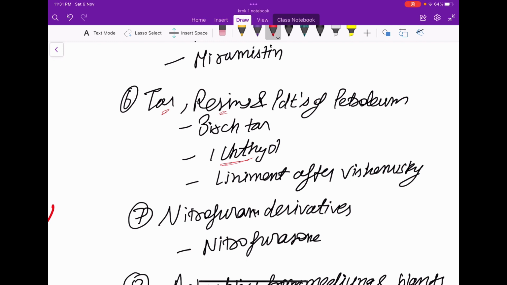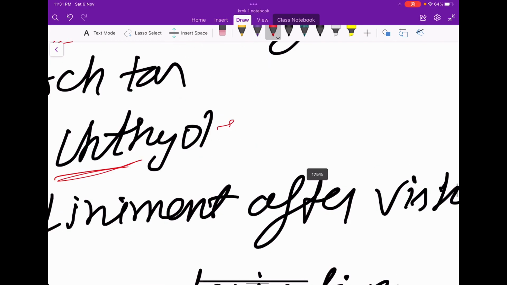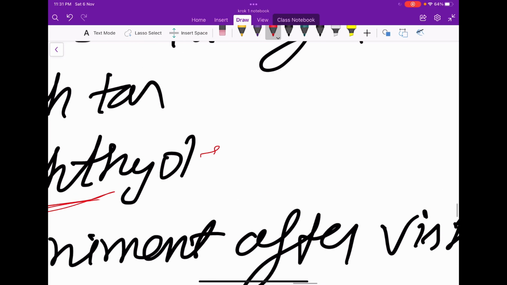It's basically used as an insecticide. Let's write it here: insecticide action. Thereafter, it also has an antiseptic property and it decreases inflammation.